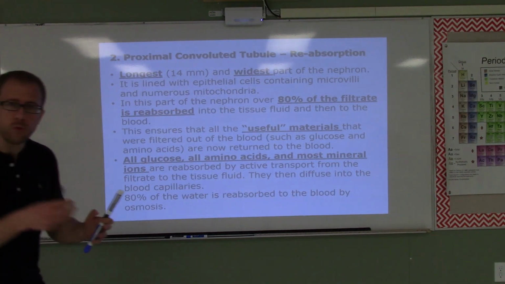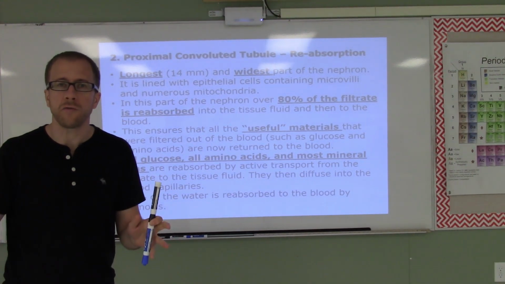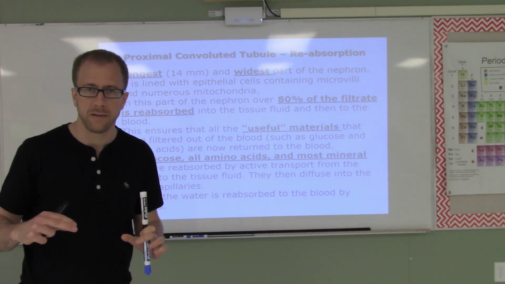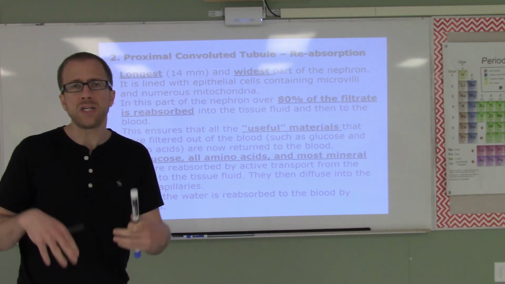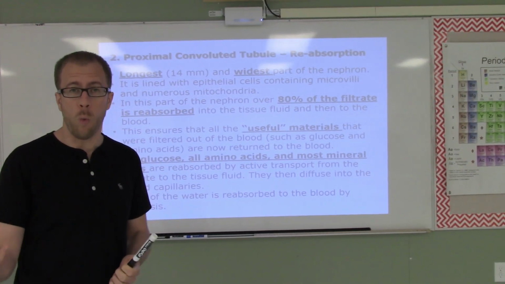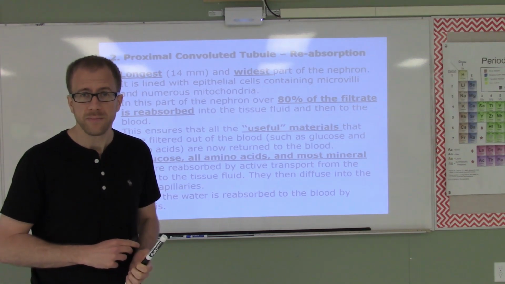And if we are removing these ions, the sugars, the solutes from the filtrate, what does that make our filtrate? Well, that makes our filtrate more dilute. So do you think we have to transport water by active transport? No, we don't, right?